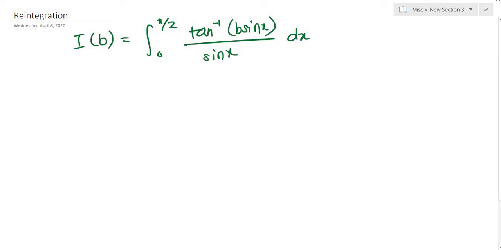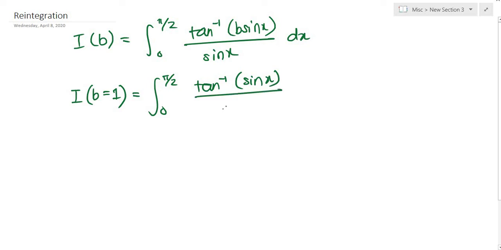And in our problem, if you remember, there was no b. So you can say that our original problem was a special case of this. So I, when b equals 1, is going to be the integral from 0 to pi over 2 of the inverse tangent of 1 times sine of x, which is just sine of x, divided by sine of x dx. And that's exactly our original problem. That's exactly what we need to find.